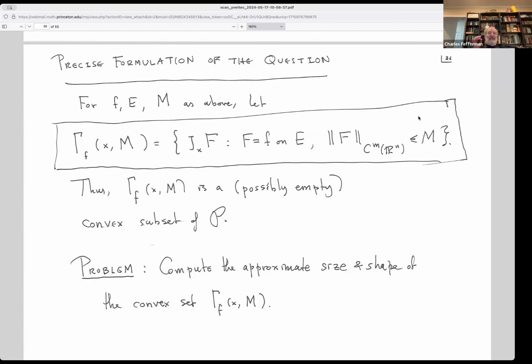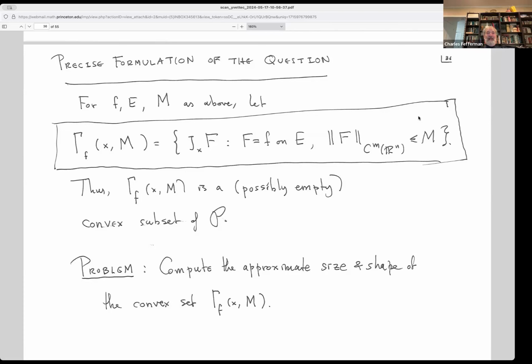So the gamma is a possibly empty convex subset of script P. And the problem that I want to pose is to compute the approximate size and shape of that convex set. That's, of course, a vague statement, and I'll make it more precise in a minute. But notice that the gamma contains a tremendous amount of useful information.